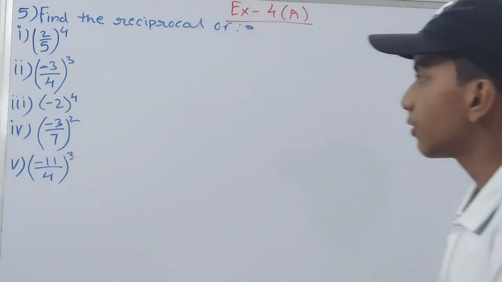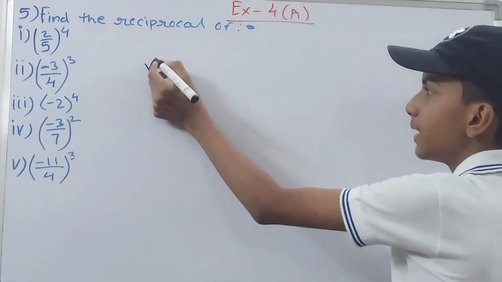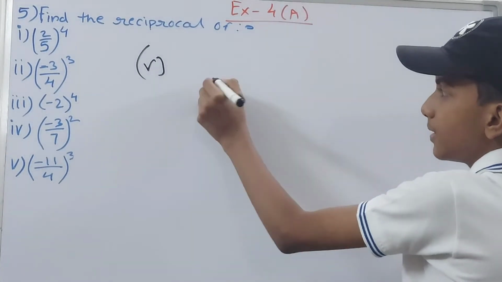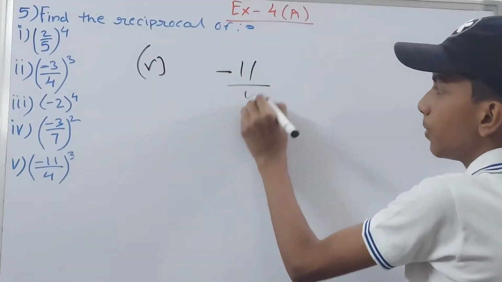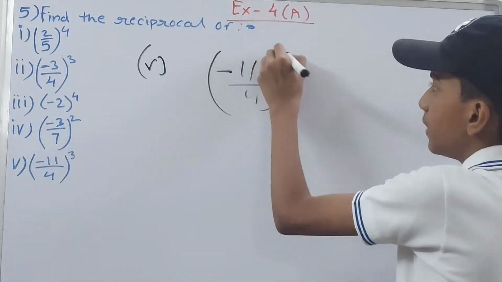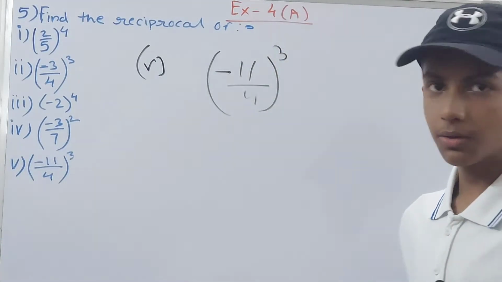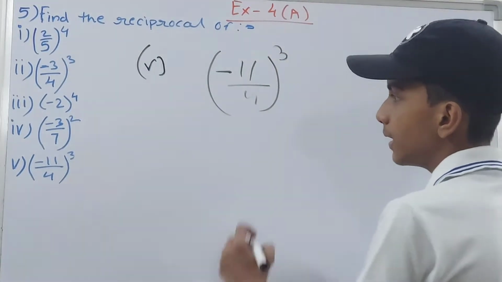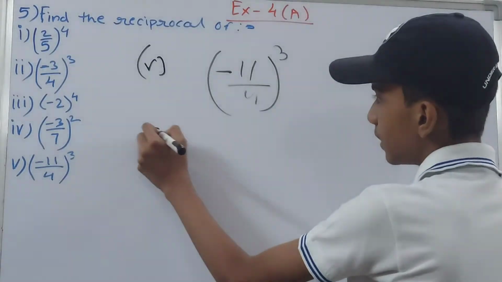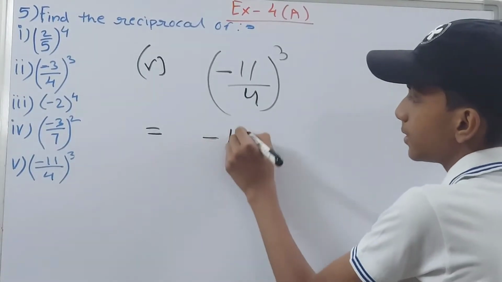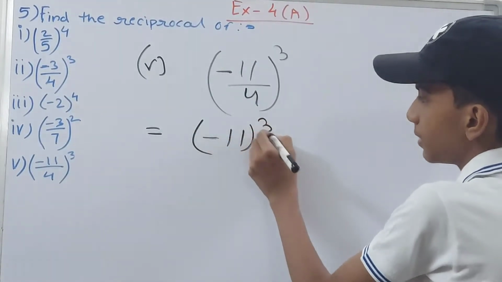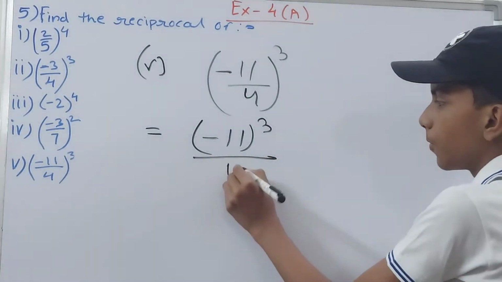The next part of this question is the fifth part, and it is minus 11 upon 4, to the power 3. So again we will interchange this. Let's see. We'll have minus 11 to the power 3 upon 4 to the power 3.